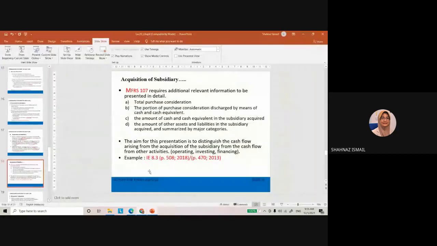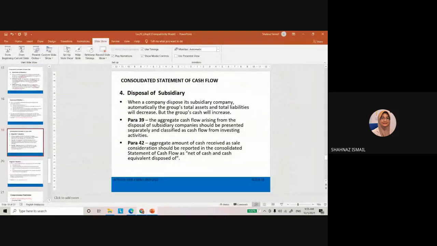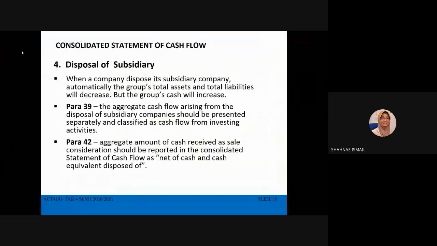Okay. Next, we move to disposal of subsidiary. Okay. So disposal of subsidiary is when company dispose its subsidiary company, automatically the group's total asset, okay, bila dispose, group's total asset and total liability will decrease lah. Sebab asset dan liability subsidiary tu keluar daripada group.